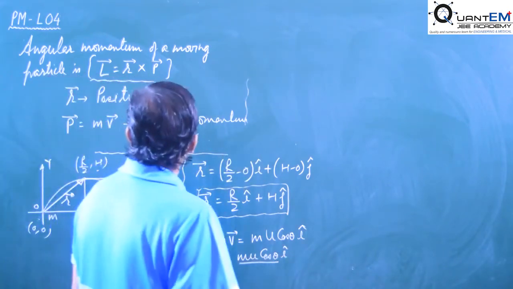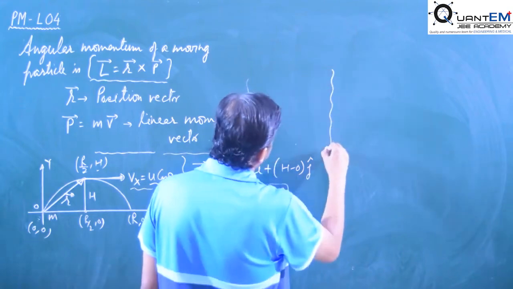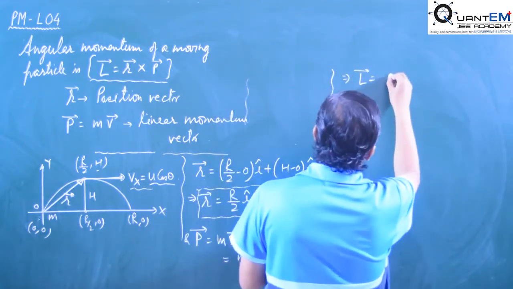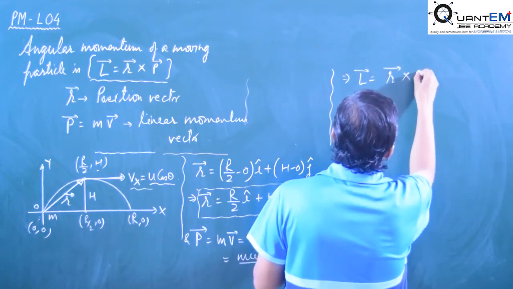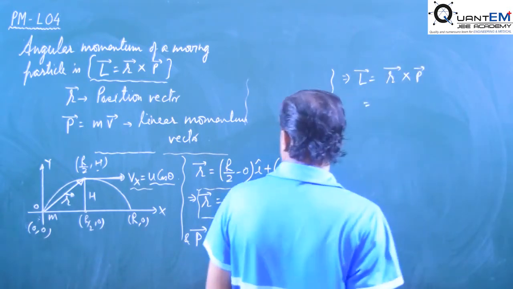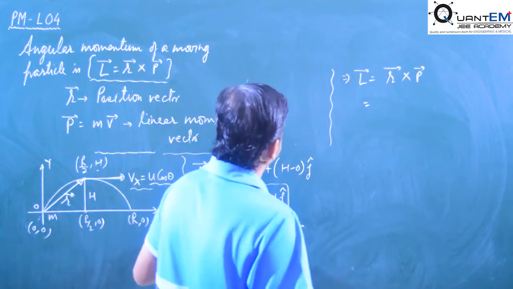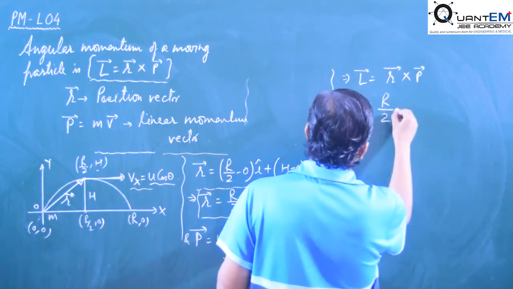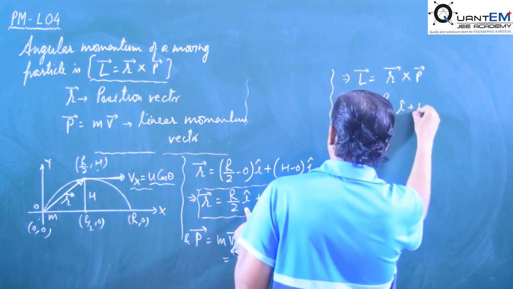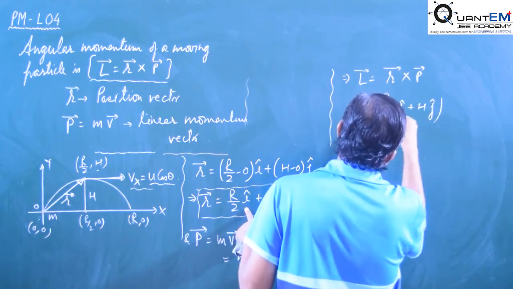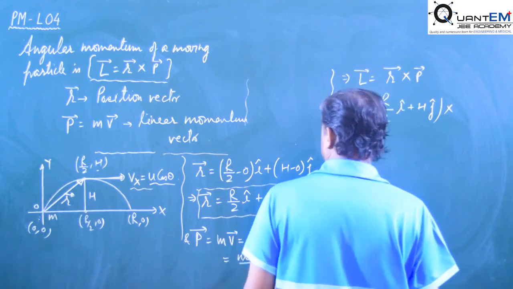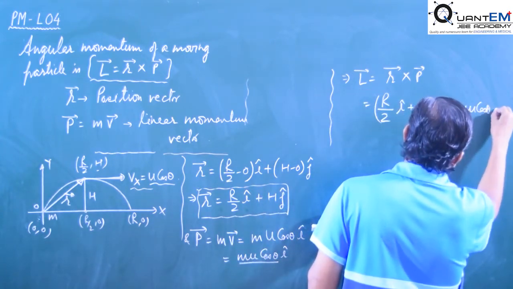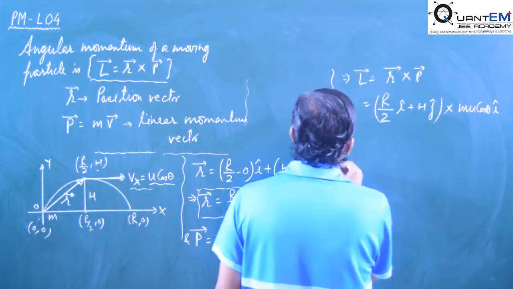Now we have to get the angular momentum vector. So L is equal to r cross p. What is the value of r? We have R/2 i cap plus h j cap, cross product with m u cos theta i cap.